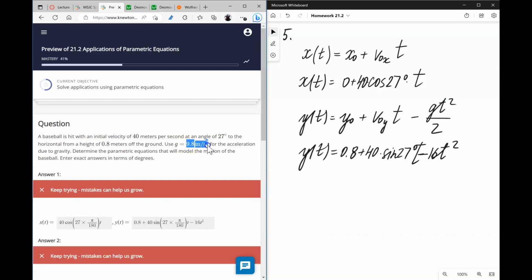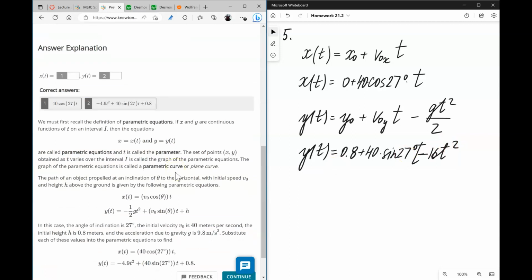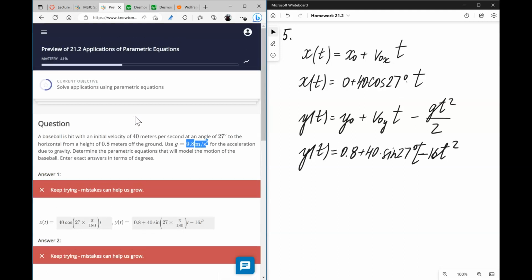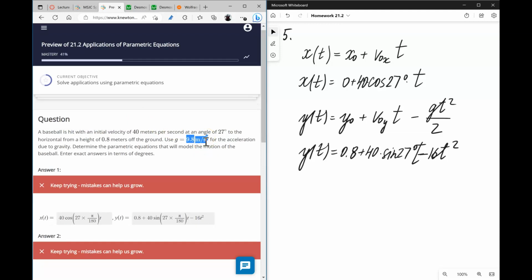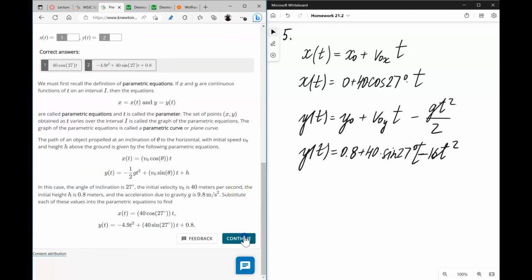Of course, we're dealing with meters, not feet, so it has to be 9.8. I should have paid closer attention.